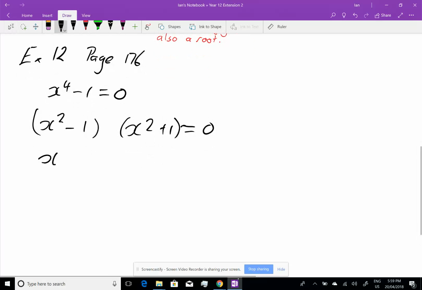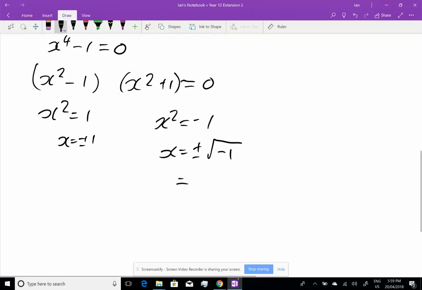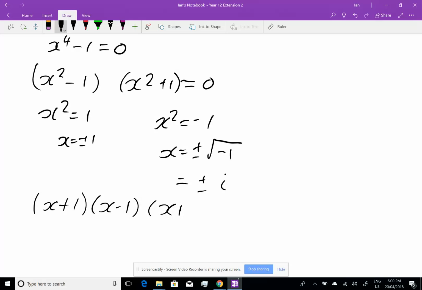So that means we get x squared equals 1, so x equals plus or minus 1, and x squared equals minus 1, so x equals plus or minus root minus 1, which is, as we know, plus or minus i. So if we factorise this over the complex field, we get (x + 1)(x − 1)(x + i)(x − i) equals 0.